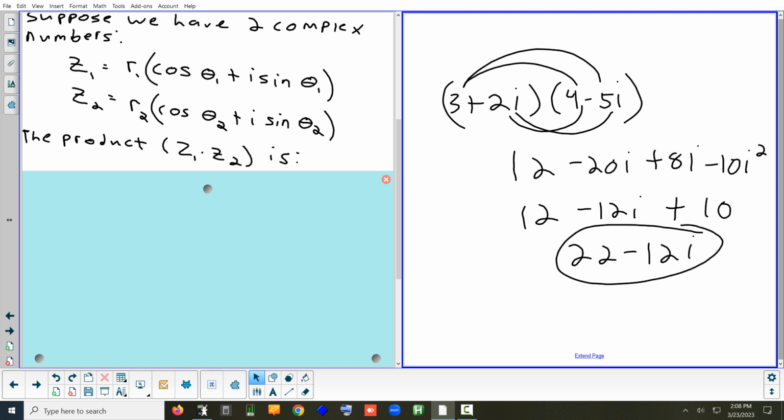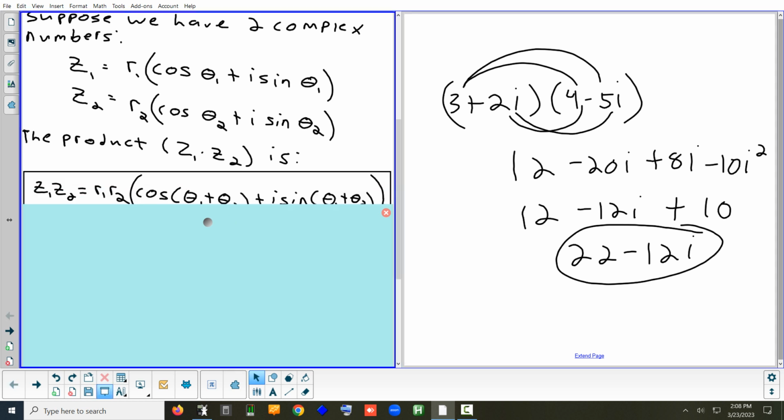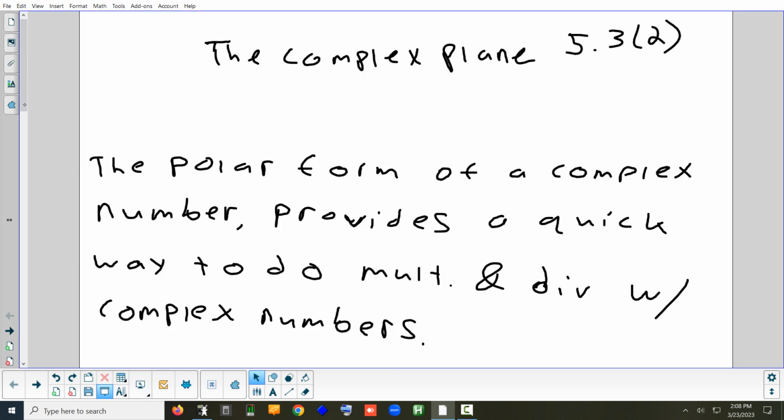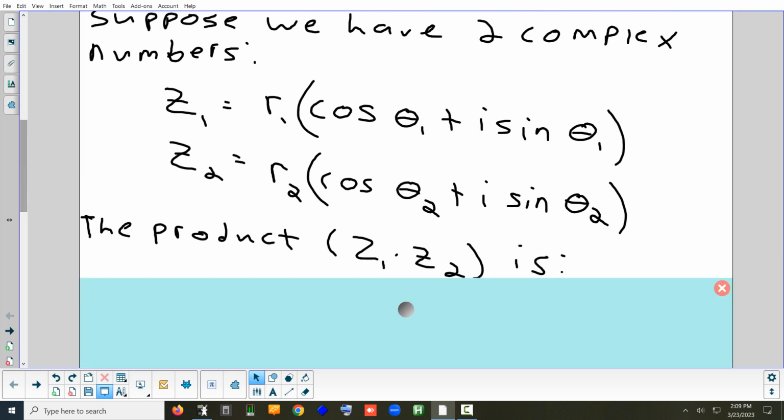So it's not awful to do it. You can probably do that in about 30 seconds. In trig form, I can do it in about 5 seconds. It's a lot faster. So what do we do? Well, you're going to have two complex numbers. The first complex number is going to have a radius, and we'll call it r1. The second complex number has a radius, r2.